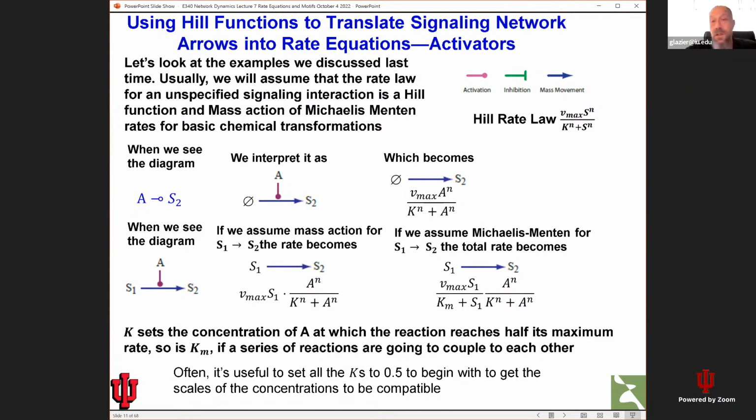If the level of A were always bigger than K, the reaction would always be turned on. The regulation wouldn't do anything. And so it's not unreasonable to assume, for example, if you don't know anything about A and K, that K is a half and A goes between 0 and 1. So you're essentially rescaling A by K to begin with.